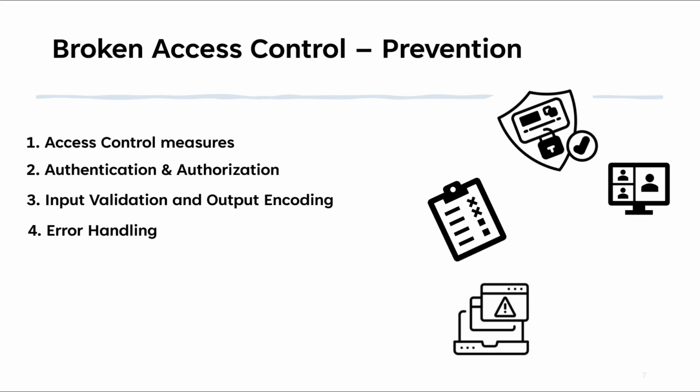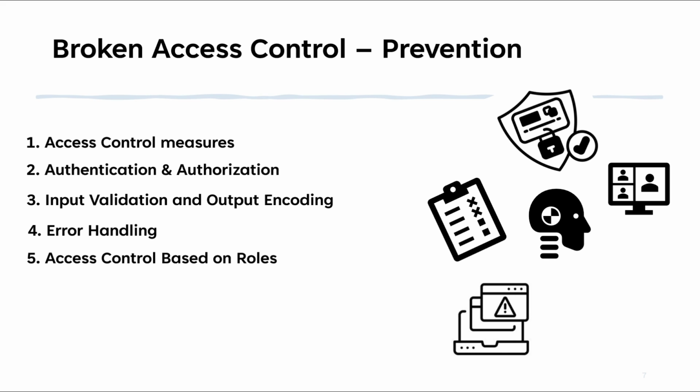Error messages should not expose sensitive information and should be worded in a clear and simple manner so that users can comprehend them. If you want to know more information about error handling, you can check my SQL injection video.